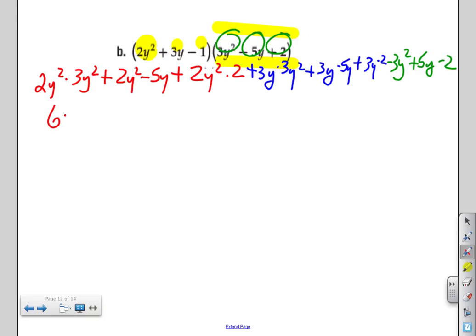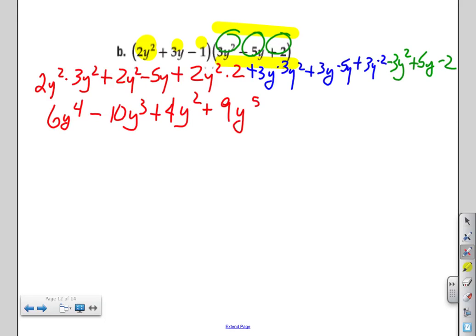We get 6y to the 4th minus 10y cubed plus 4y squared plus 9y to the 5th.